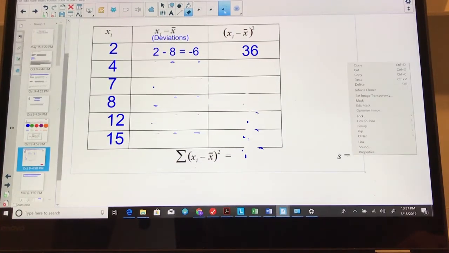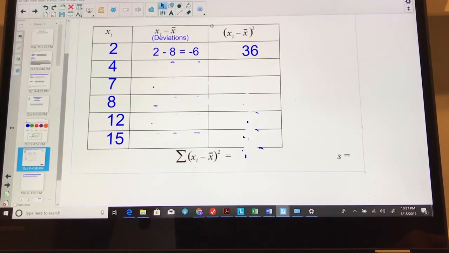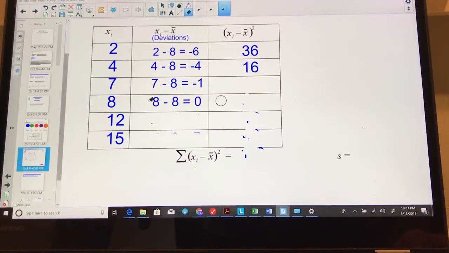Okay, so looking here, we're going to erase here. You should end up with -4 and -1, 0, 4, and 7.